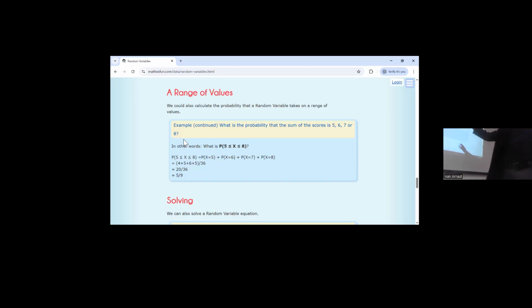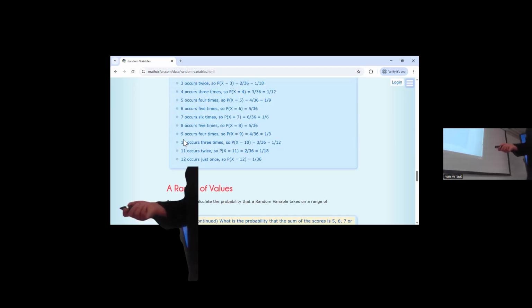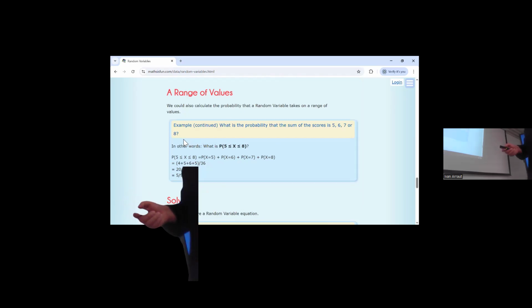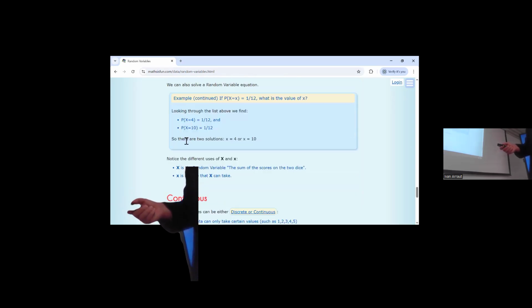But here it is only between 5 and 8. 5 to 8, what are we talking about here? 5 is here, 6, 7, 8. From 5 to 8 is 5, 6, 7, 8. Okay? Great.